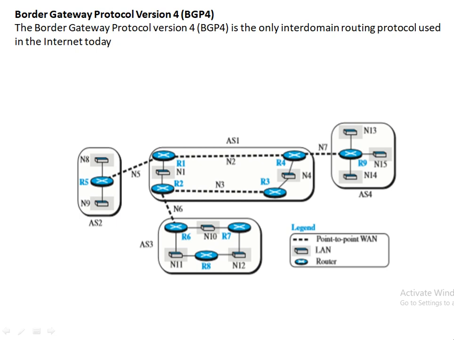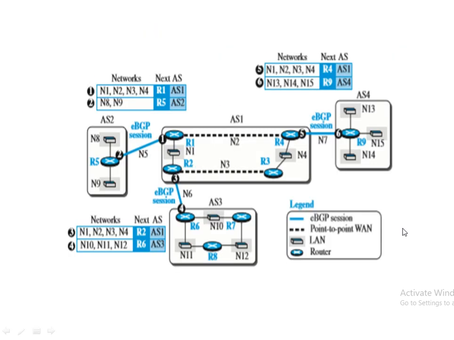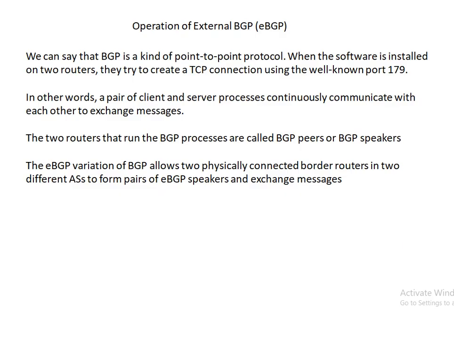To understand BGP4 properly, first we have to understand external BGP on each border router, and the second variation is internal BGP. First, external BGP, in short eBGP. Let us see the operation of external BGP.